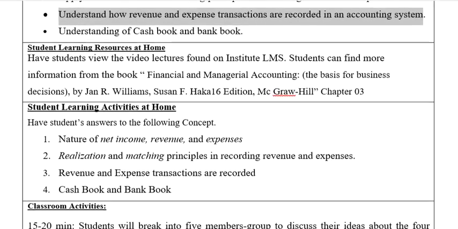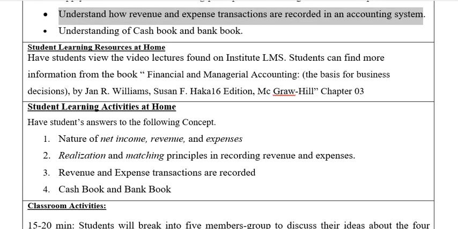Similarly, you can find this material in Chapter 3 of your recommended book. Students need to learn these important points, as the most discussed questions among you in class are net income, revenue and expense.